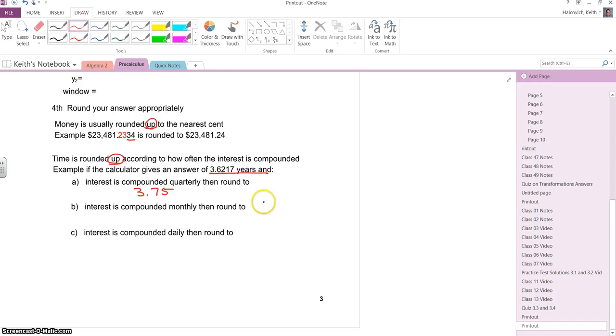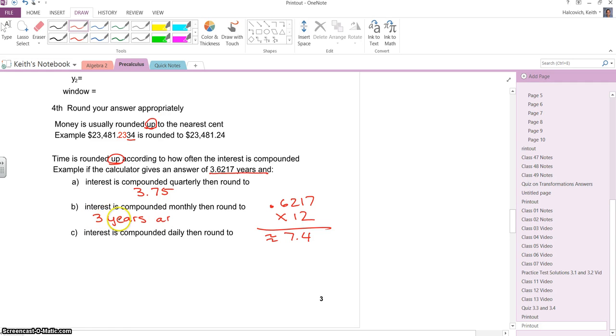If it's compounded monthly, then we have to figure out 0.6217 times 12 months. That, if you do on your calculator, is approximately 7.4. So 0.6217 years is approximately 7.4 months, which rounded up gives us 3 years and 8 months.